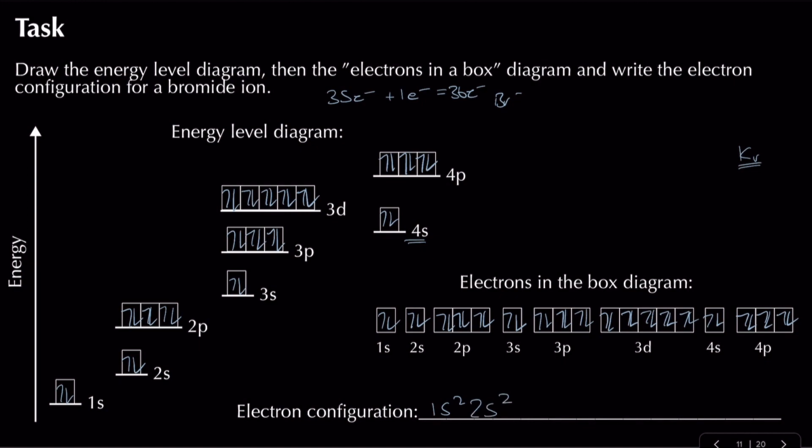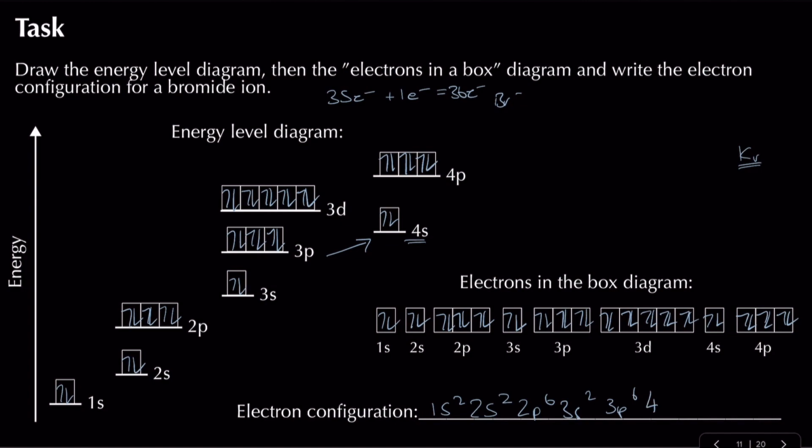Same again for 2s. And then I'm going to have 2p with 6 electrons in there, 3s with 2 electrons in there, 3p with 6 electrons in there, and then I'm going to move to 4s as well, because you're sitting the A level. This is what you're expected to know, that 4s is at a lower energy level compared to 3d.